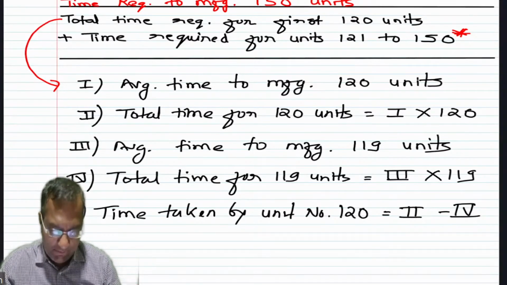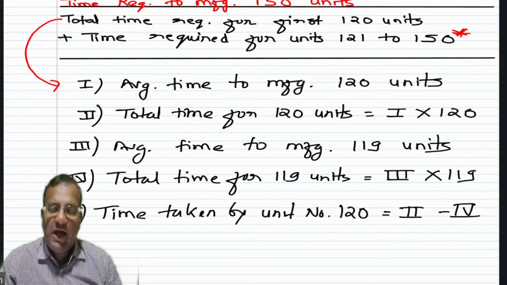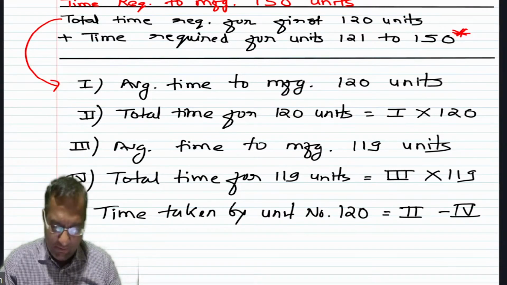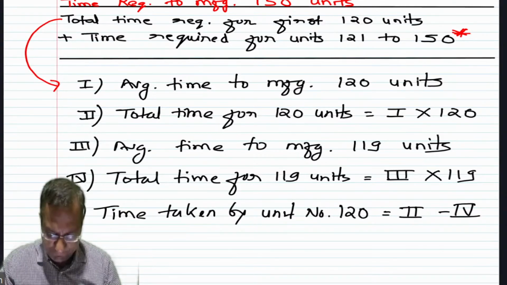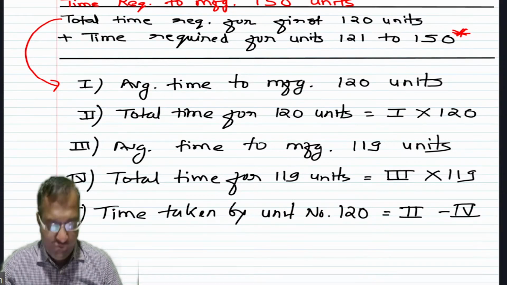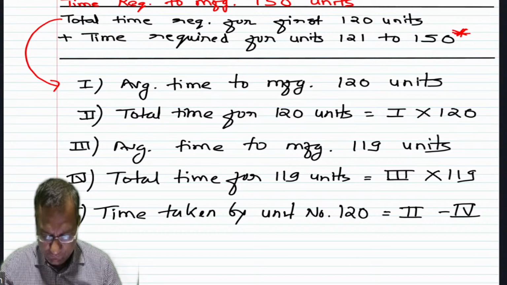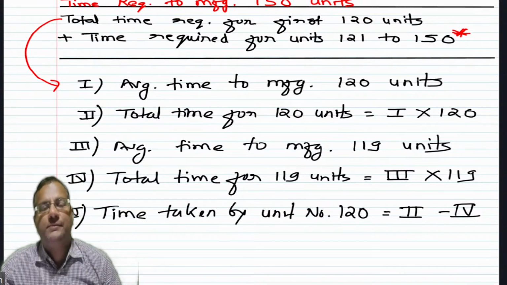Time taken by unit number 120 multiply by 30 units. ब्रैकेट में लिख दीजिएगा, 150 minus 120.